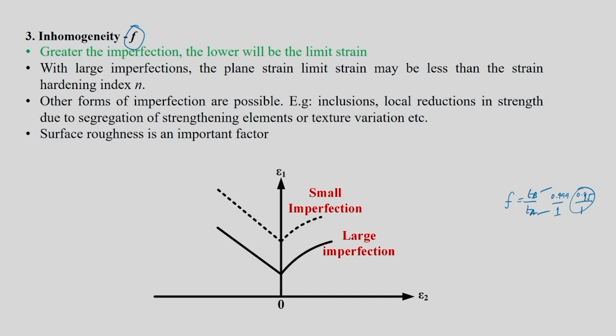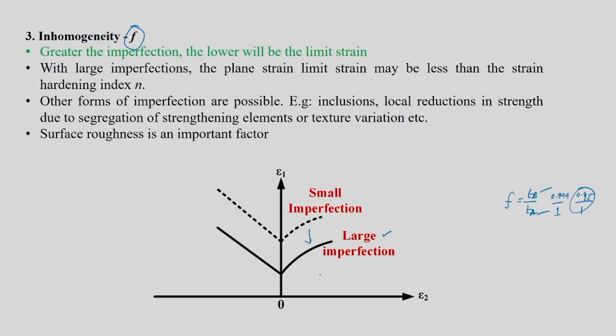So the greater the imperfection, the lower the limit strain, because the weaker region is very weak as compared to the other case. This is what we know conceptually, and schematically I have drawn this. This is with respect to large imperfection, which means your forming limit is going to come down. Small imperfection means better formability is obtained.